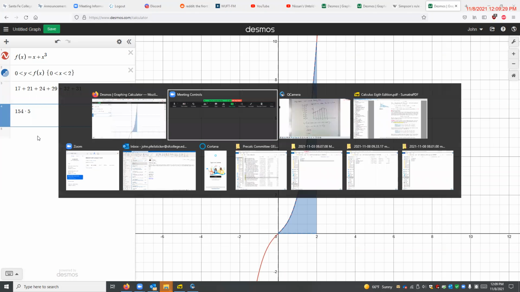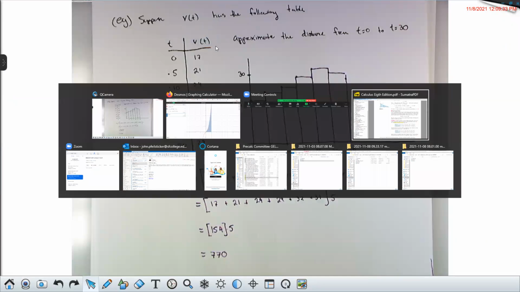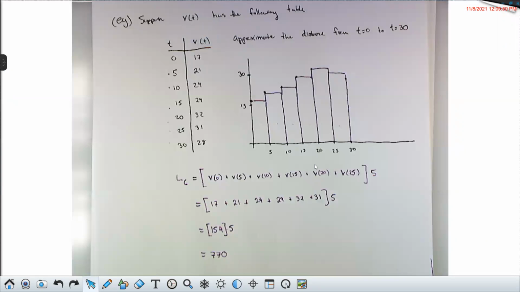We should think a little bit about the units, right? So I haven't written the units for the velocity here. They told us that the units of time were in seconds. Time is in seconds. The velocity is in miles per hour. So if we want to give our distance in miles, then we need to think a little bit carefully. So let me just come back over here and annotate this.